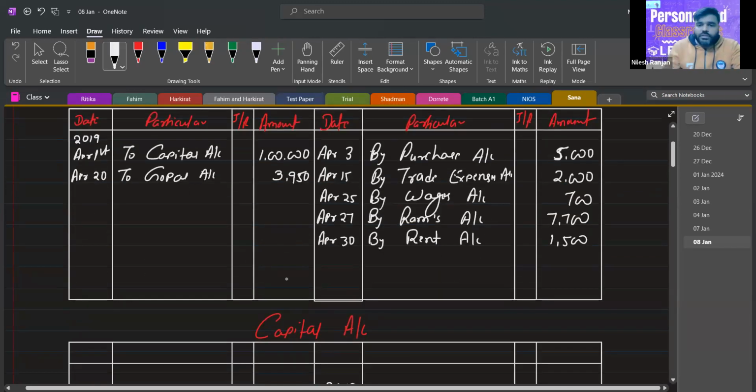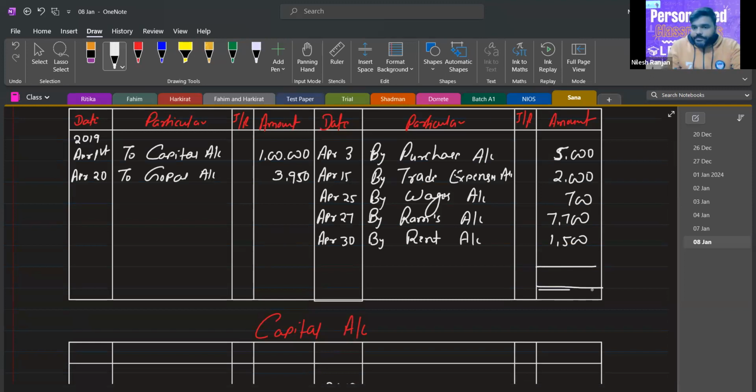So now we will calculate the balance for every account. There is 1,03,950 on the debit, which is more than the credit side.